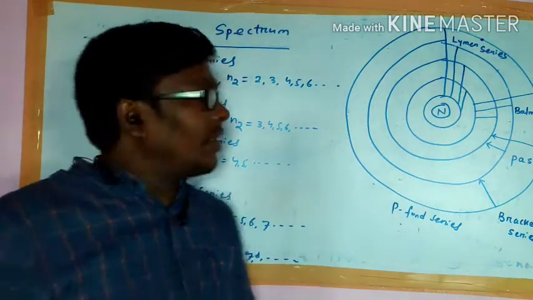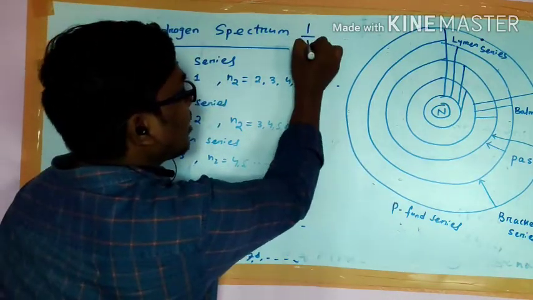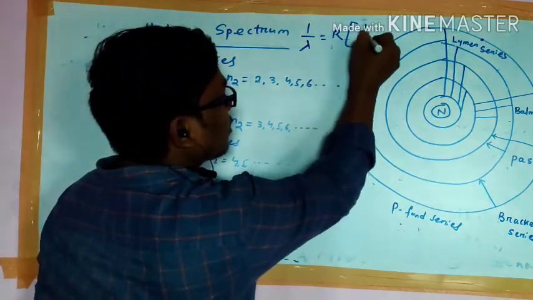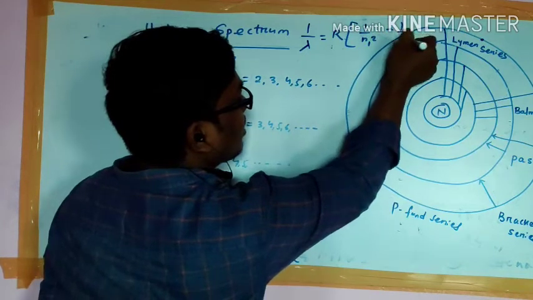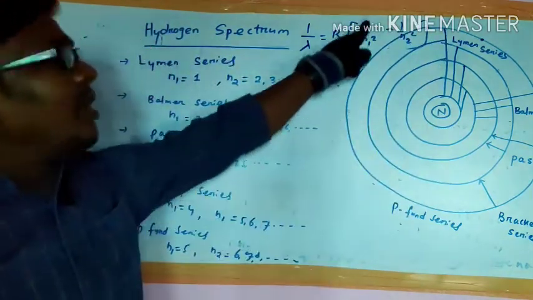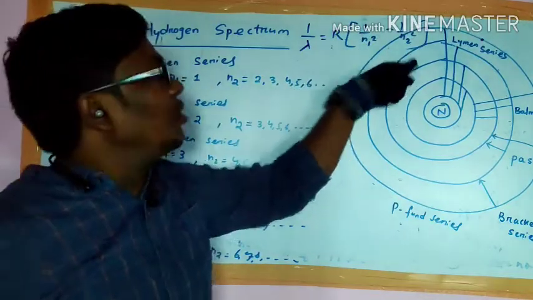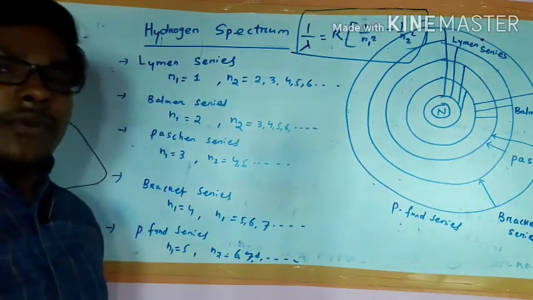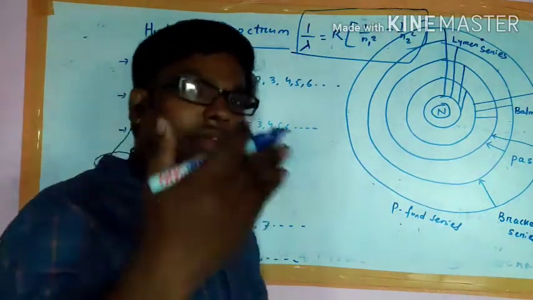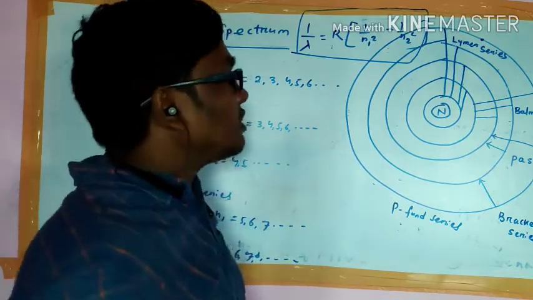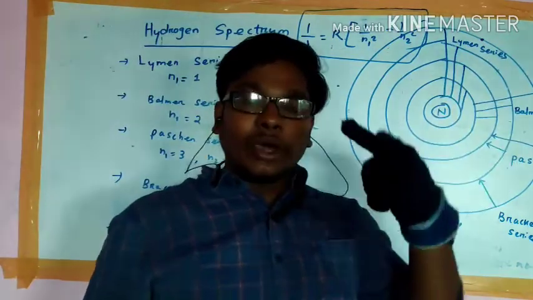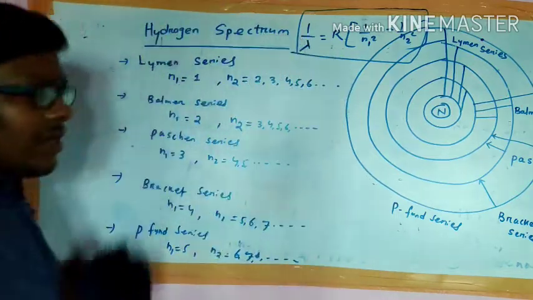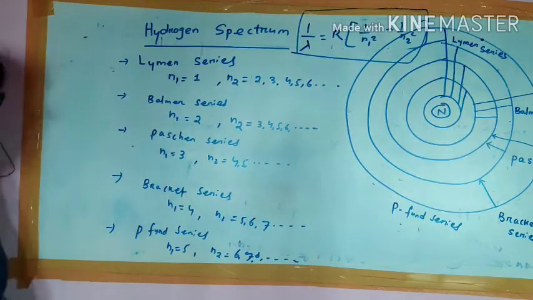We have the formula for wavelength: 1 by lambda is equal to R into 1 by N1 square minus 1 by N2 square. Using this equation, we can find the different wavelengths radiated when an electron jumps from any excited state orbit to the ground state orbit. Before that, just copy this.